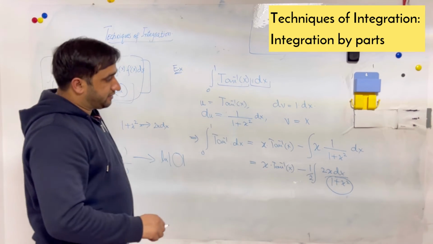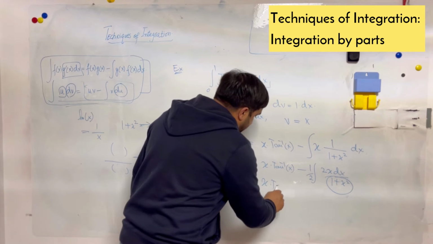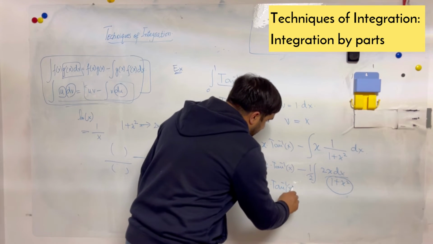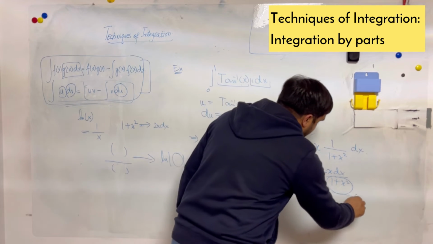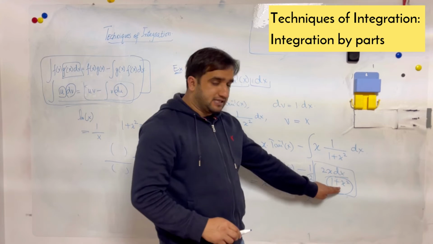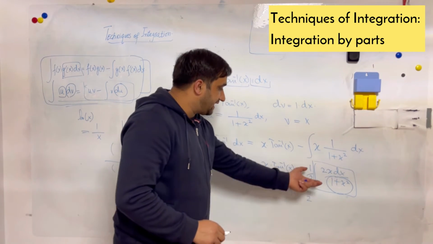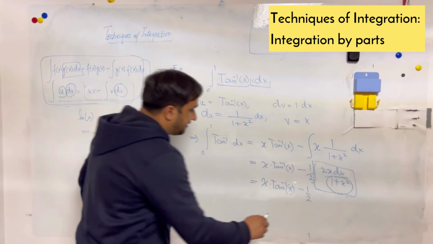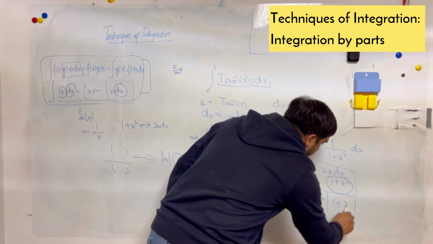So we can write it as x tan inverse of x minus 1 by 2, and since the lower function has its derivative on the upper portion, the whole integral can be replaced with ln, and inside the mod you write 1 plus x square.